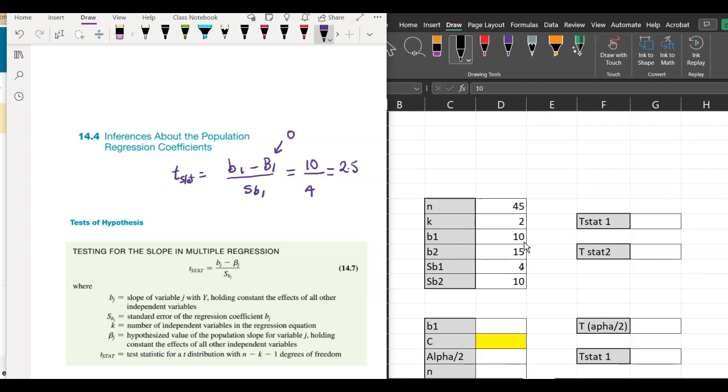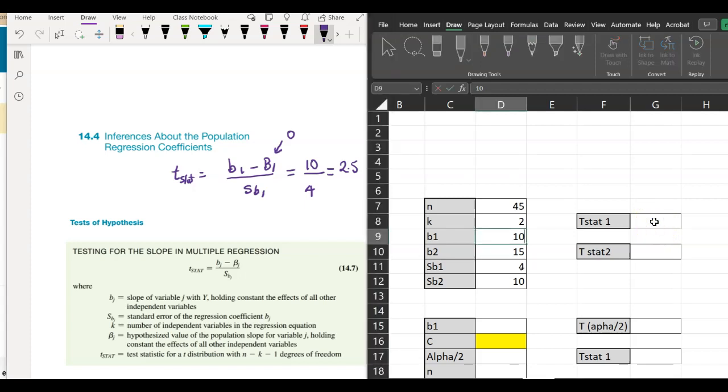Now we can generate this on Excel. It's really simple. Just double click here, type the equal sign, click on B1 divided by the SB1 and all set. You can do the same thing with t-stat 2.